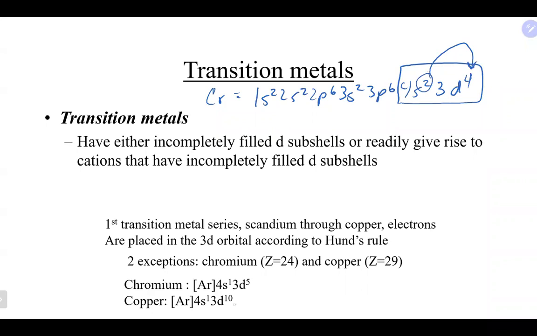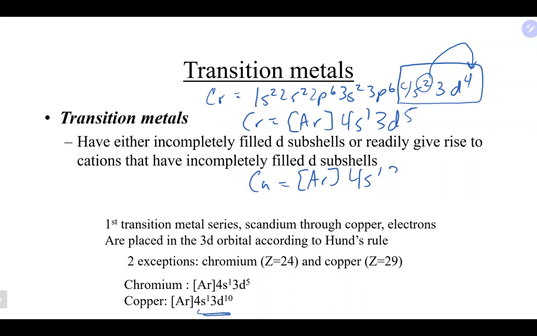It happens with copper as well. So chromium's configuration, shorthanded, would be argon 4s1 3d5, and copper would have the same sort of exception, except that it would fill up all of the d orbitals and have 3d10.